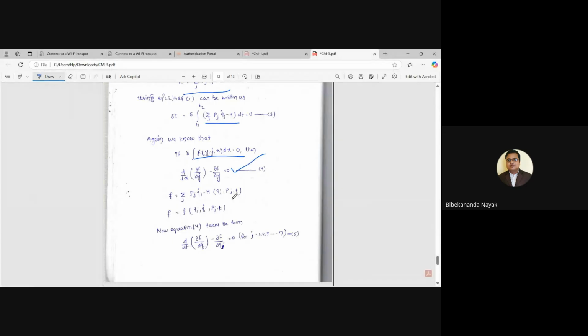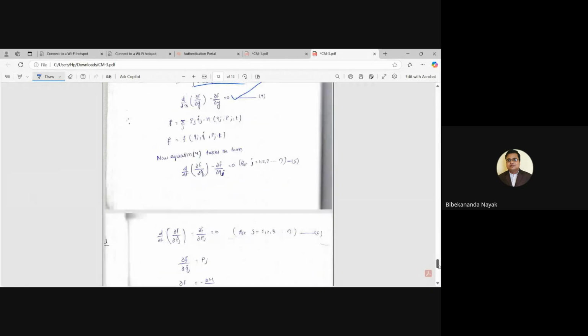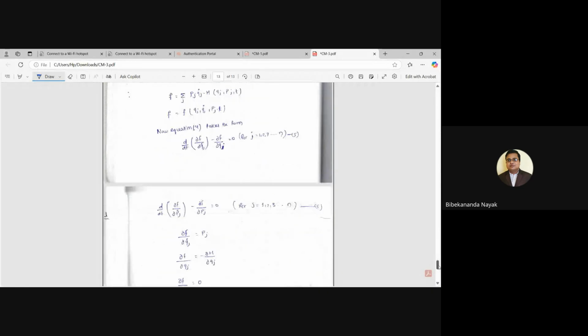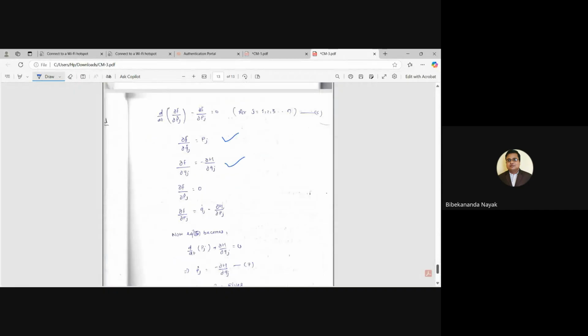So the equation should be like this: d by dx of del f by del qj dot minus del f by del qj. Now calculate del f by del qj dot, it will be pj, and del f by del qj is minus del H by del qj from that function. Putting del f by del pj dot as 0, we get del f by del pj equal to qj dot, and pj dot equal to minus del H by del qj.